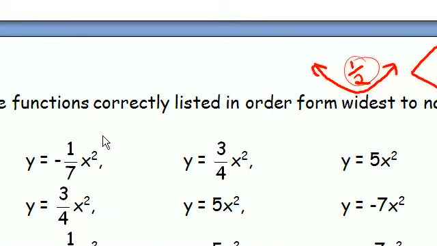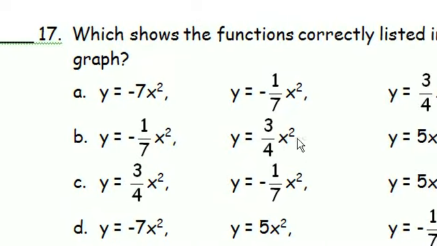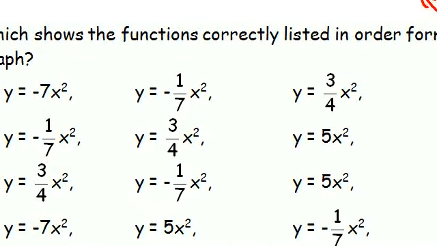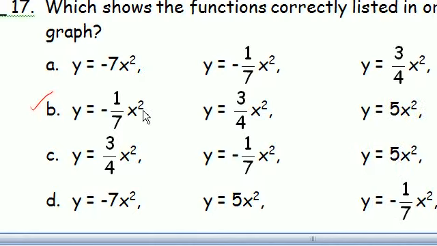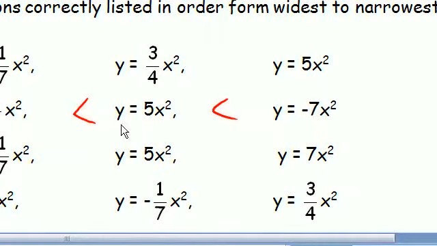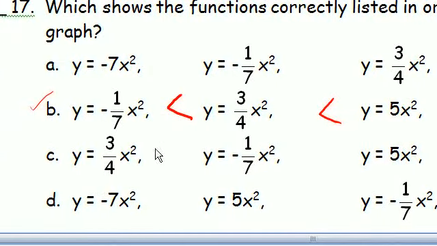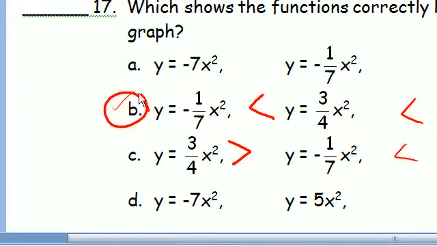So widest to narrowest. Here are some fractions: 1/7, 3/4, 5. That looks like a good one. So we can say 1/7 is less than 3/4, which is less than 5, which is less than 7. So B is the only option here.